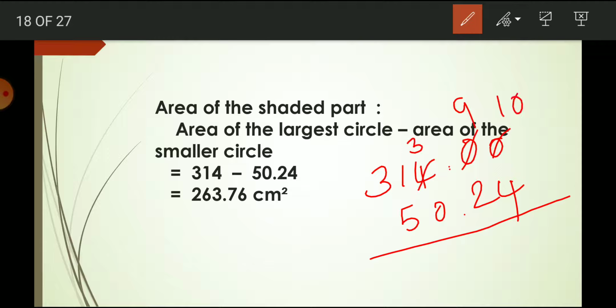So 10 minus 4 is 6. 9 minus 2 is 7. Then the point, don't forget to put the point. Then 3 minus 0 is 3. Then 1, so here is 2. The 1 will be changed into 11. So 11 minus 5 is 6. Then the 2 comes down directly. So the answer is 263.76 centimeter square.